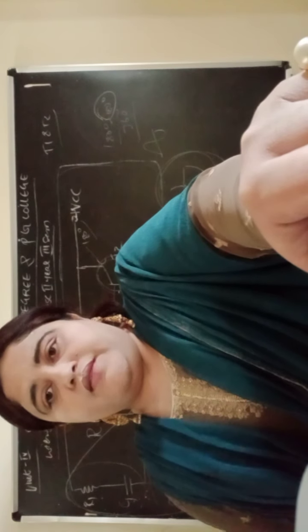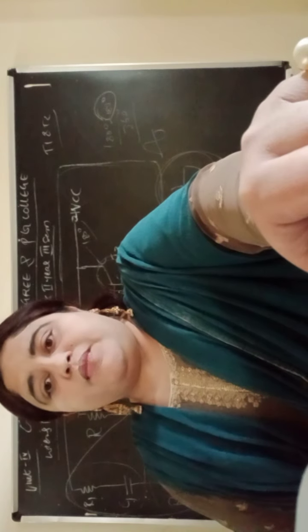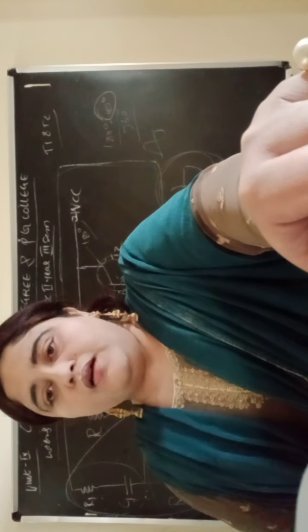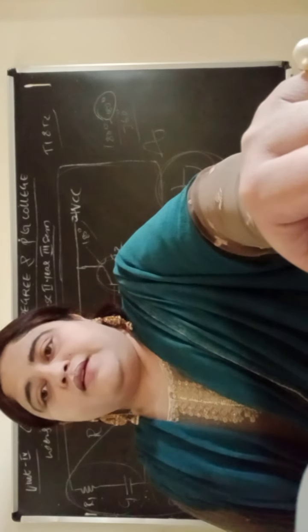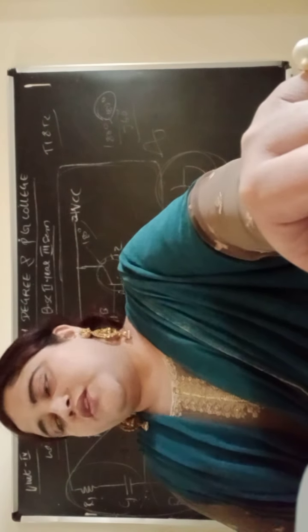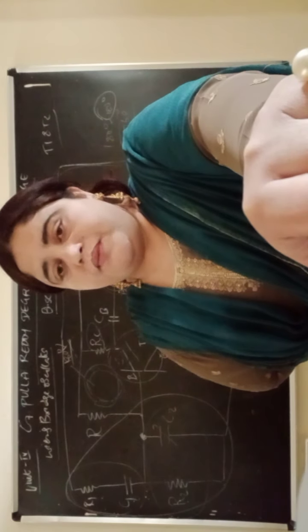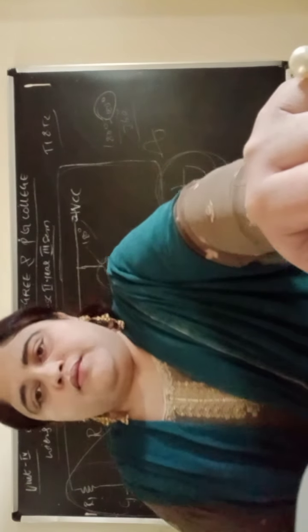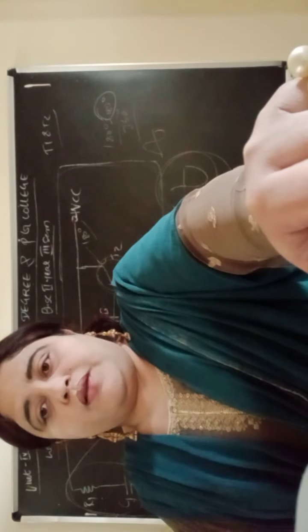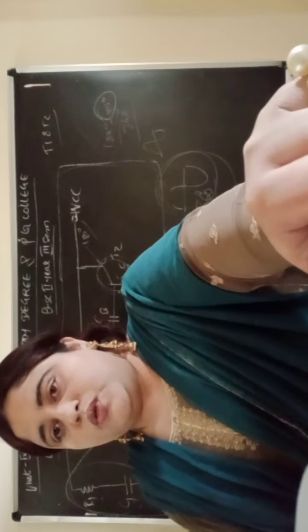After calculating the values, next we got two formulas from the equation. Equating real parts, we got the frequency formula. Equating imaginary parts, we got the sustained oscillation condition. From real parts we got the frequency formula, F equals 1 by 2 pi RC. From imaginary parts we got the sustained oscillation condition.